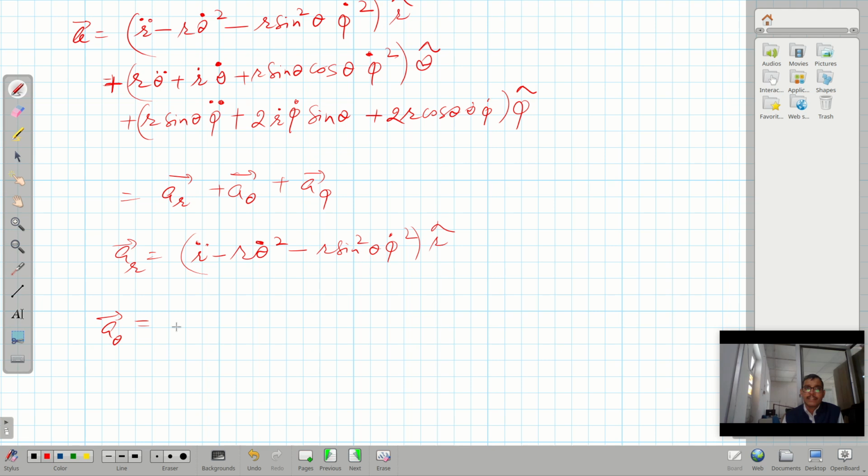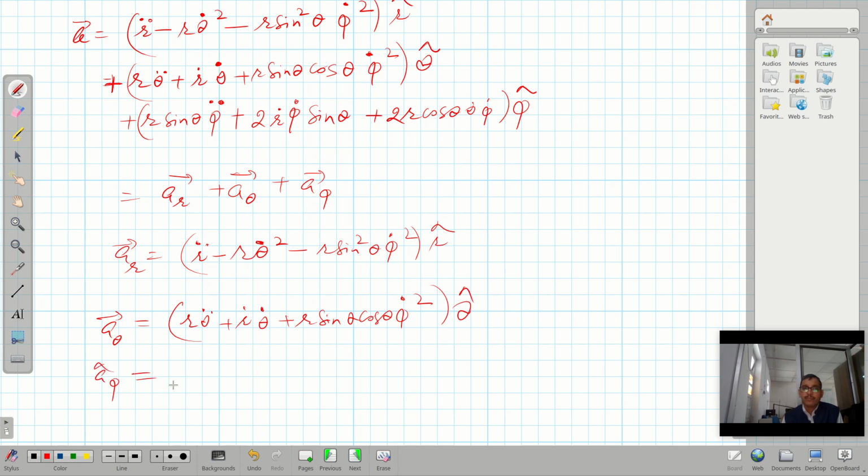Similarly we can write down the a theta vector as r theta double dot plus 2 r dot theta dot plus r sine theta cos theta phi dot square, into theta cap.